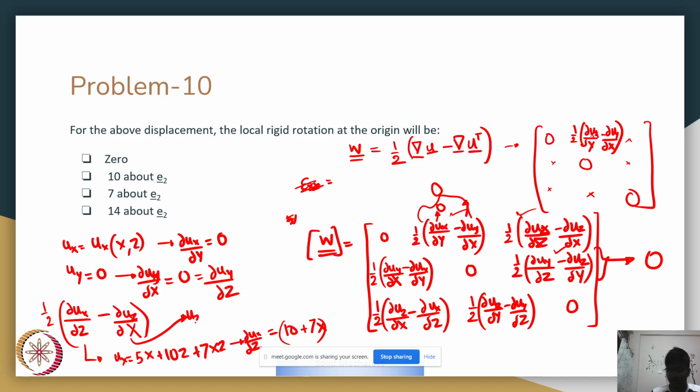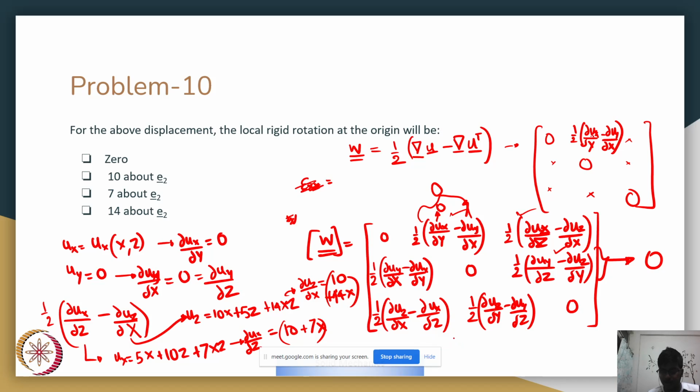Similarly, uz is 10x minus 10 plus 5z plus 14xz. Therefore, dou uz by dou x is 10 plus 14z, right?